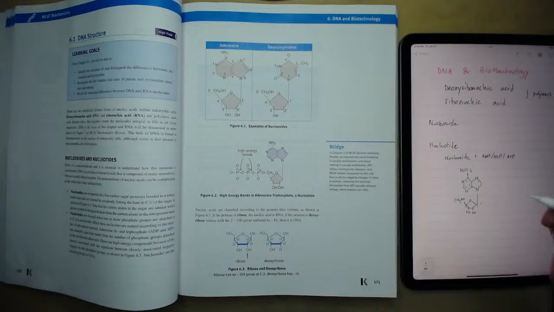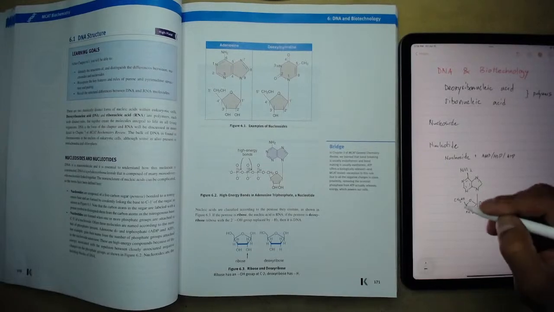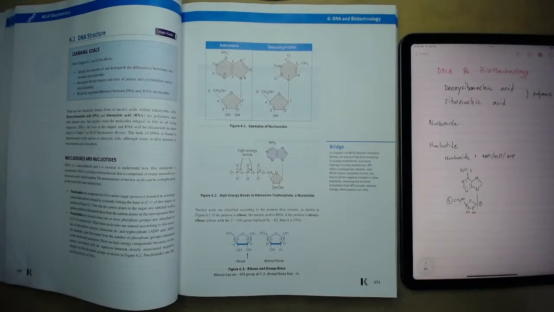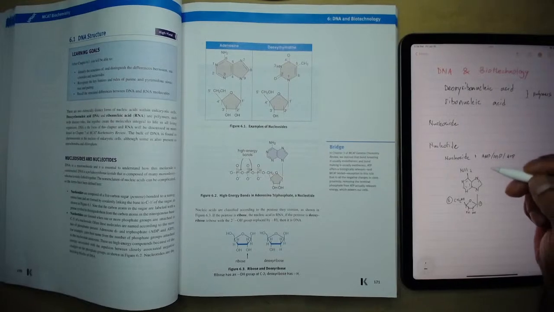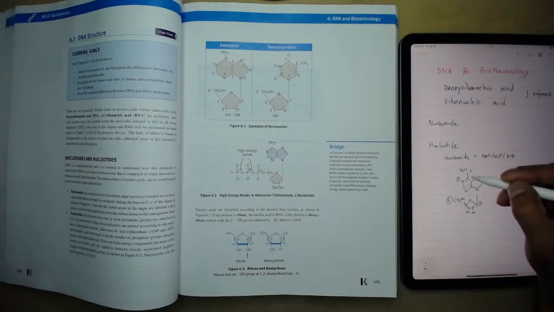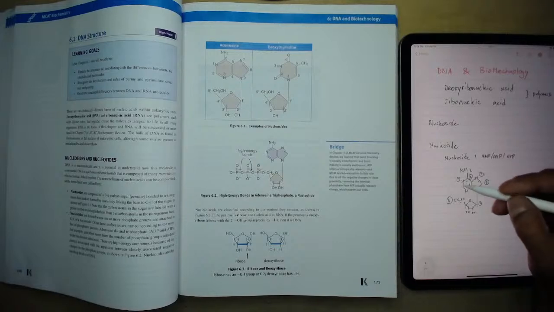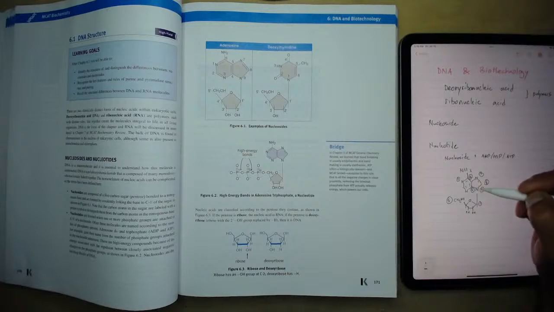Should we number these carbons? 1 through 5. Carbon number 5. We got 1 over here. We got 6 over here. Got 9 over here. Should we just fill them all in? Because this is kind of confusing. Got 4 in here.